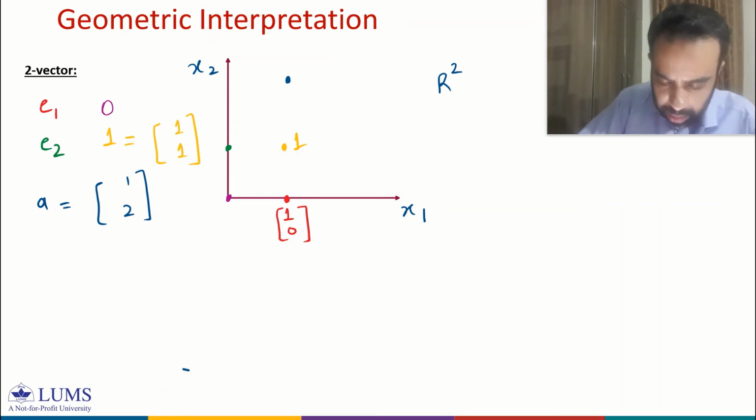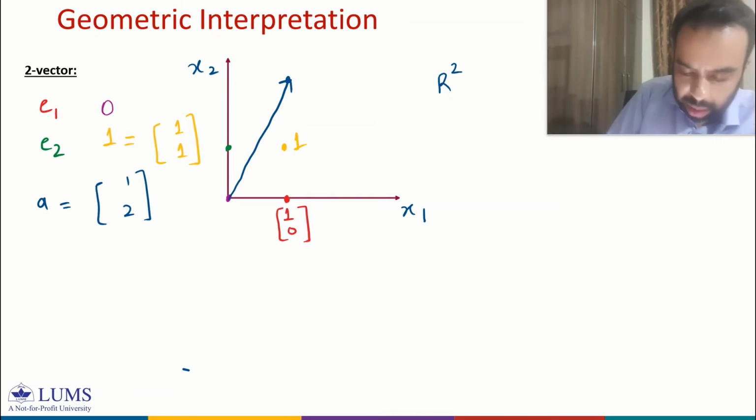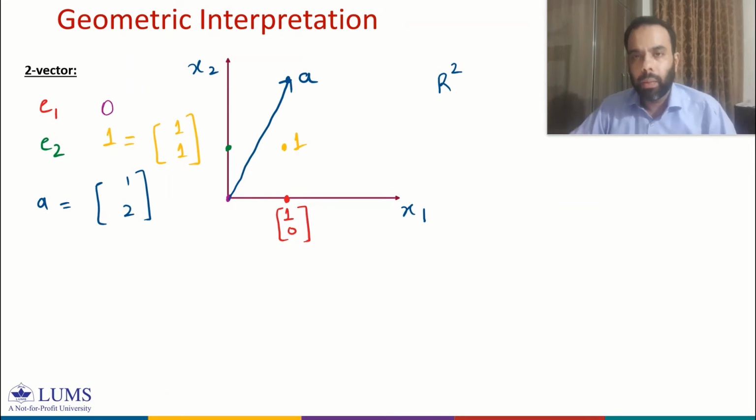You can denote it with a point, or we can also draw a line pointing from the origin in this way. So this point, or this vector, is the vector a. This was the geometric interpretation of a point in a 2-dimensional plane. A 2-vector can be represented by a point in a 2-dimensional plane.